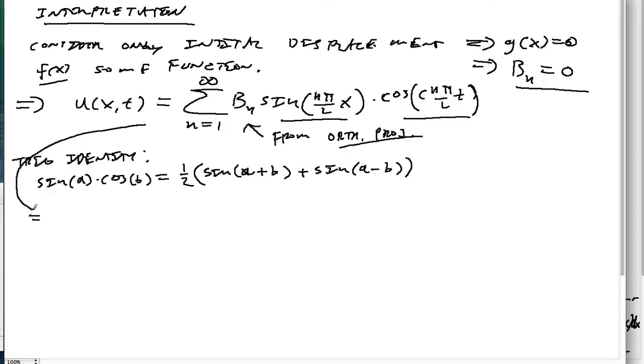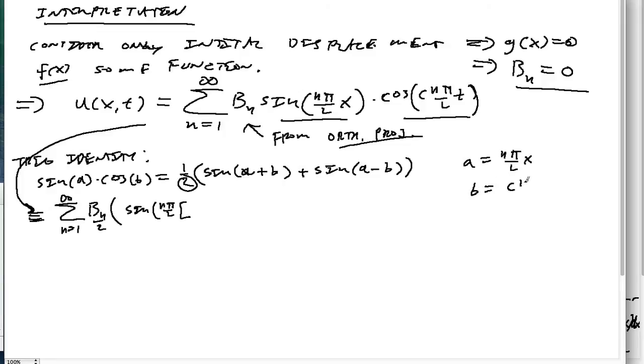We'll bring this down here and continue our work. We're going to have the sum n equals 1 to infinity of bn, and I'm going to put a 1/2 there from this 2 that's sitting there. We get a sine, and then we add the A and the B together. In this case, A is equal to n pi over L x, and B is equal to c n pi over L t.